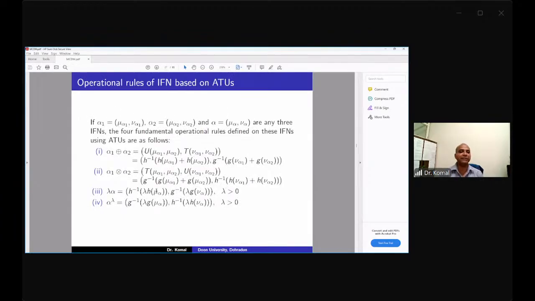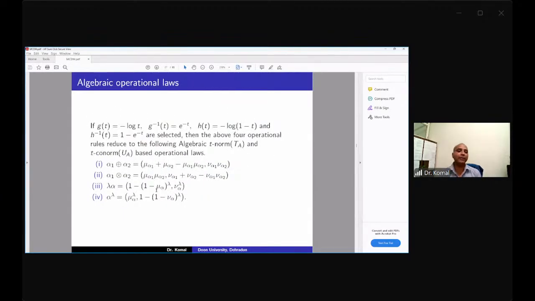For example, here I am generating the algebraic operational laws. So for that we need G(t) equal to minus log t, its inverse, which is e raised to the power minus t. Then the additive generator for the conorm is H(t), which is minus log of 1 minus t, and its inverse is H inverse(t) equal to 1 minus e raised to the power minus t.